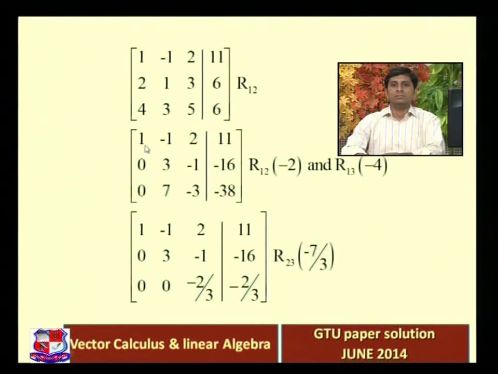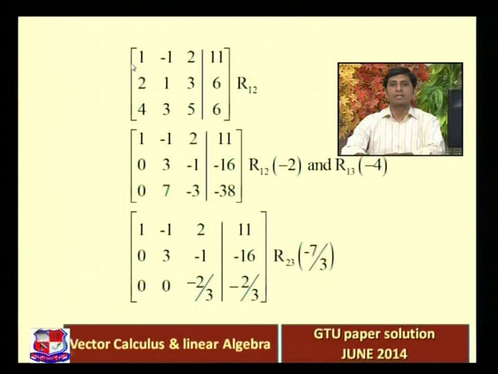So the first row is as it is, 1, -1, 2, 11. The second row becomes 0, 3, because we are multiplying by -2: -1 into -2 is 2, 2 plus 1 is 3, then -3 minus 4 is -1, then 6 minus 22 will become -16.